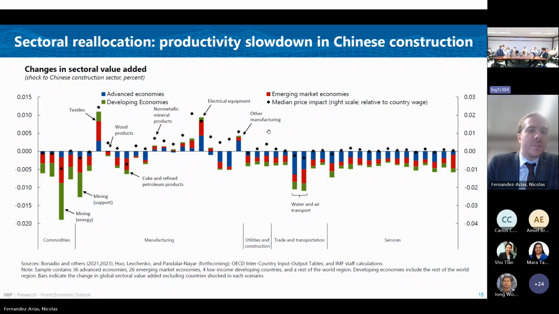But there's certainly more to look into to try to understand how sectors will respond, and we can measure development, for example, to really understand that. But our interpretation is that this reflects these downstream spillovers from the Chinese construction sector to other sectors of China, which then propagates similarly to the previous.